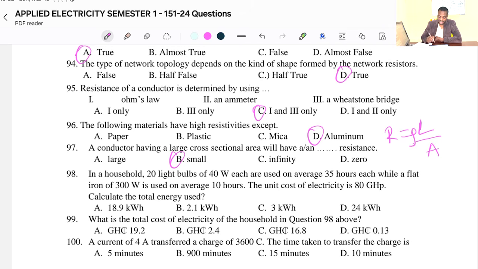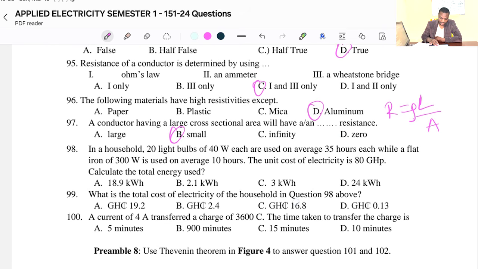Then we add the resistivity of the conductor. So if the cross-sectional area is very large, you see that the resistance will be very small.